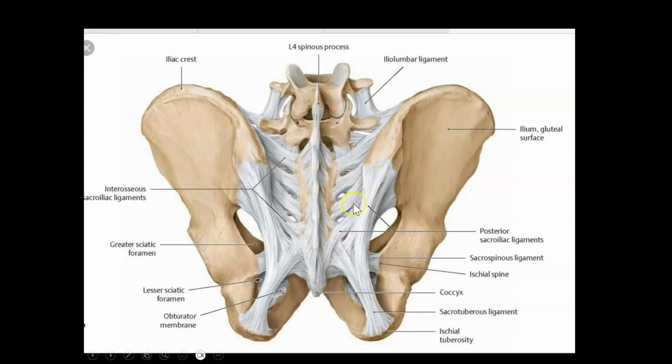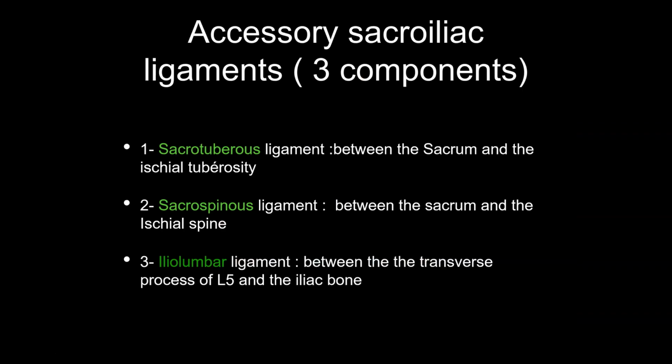So this is the posterior sacroiliac ligament. Short components, long components. Of course we have the anterior sacroiliac not seen here. But remember this, between the sacrum and the ischial tuberosity, sacrotuberous, between the sacrum and the spine, sacrospinous ligament.